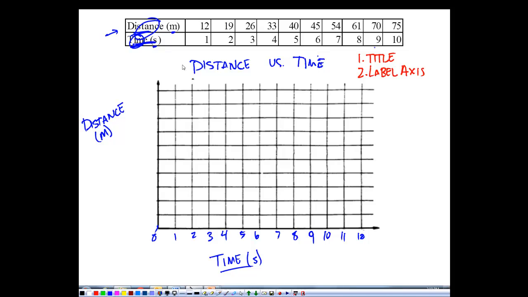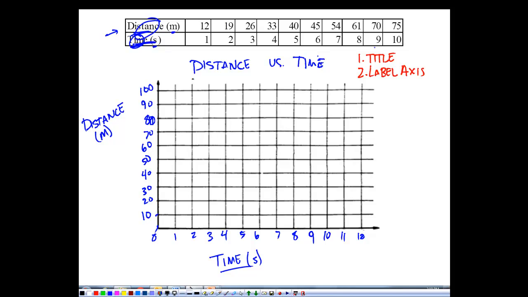We're going to do the same thing for distance, and we see that distance we're going from 12 to 75. We have 1, 2, 3, 4, 5, 6, 7, 8, 9, 10. Just to make things easy on ourselves, we'll go by tens. So 10, 20, 30, 40, 50, 60, 70, 80, 90, and 100.